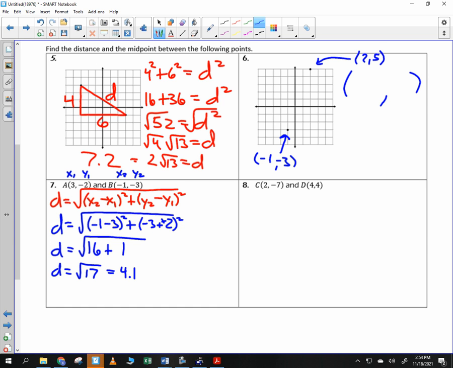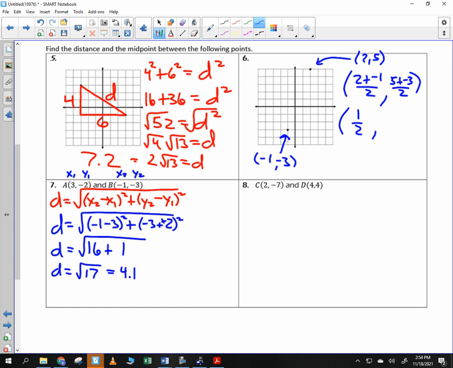What do you get if you add the x values? 2 plus negative 1 divided by 2 would be 1 over 2. And then we have 5 plus negative 3 divided by 2.